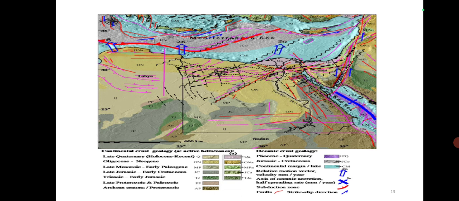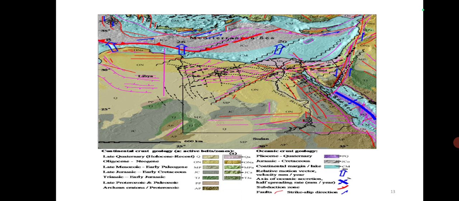These two blue arrows represent the relative velocity in millimeters per year of the lithospheric plates. And these thick blue lines shown here, you can see one on the right side, where there is the Red Sea, and in the center you can see a thick blue line with two arrows also.